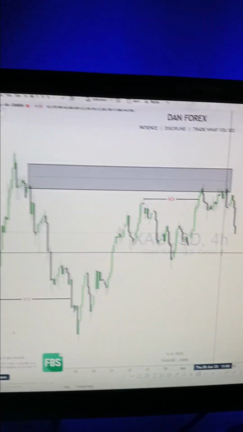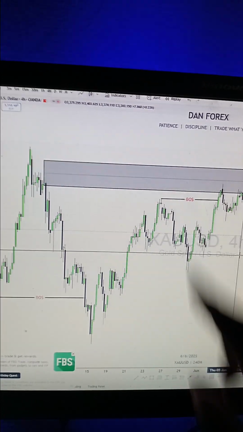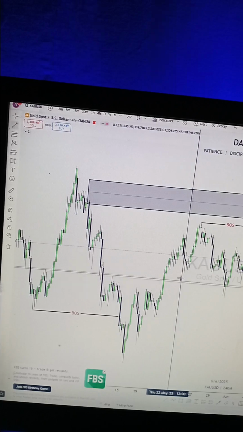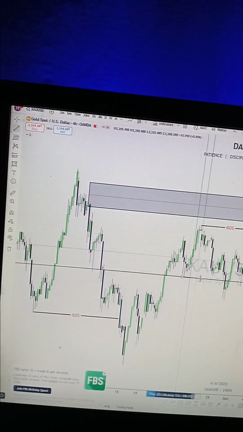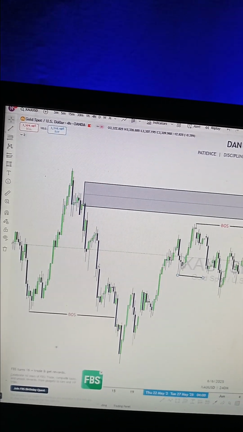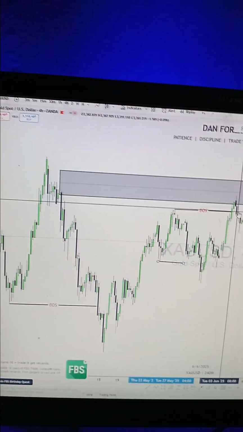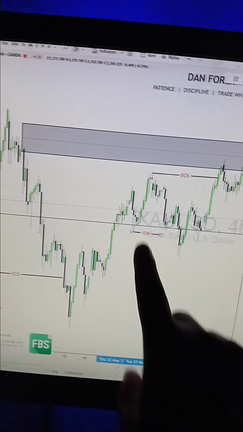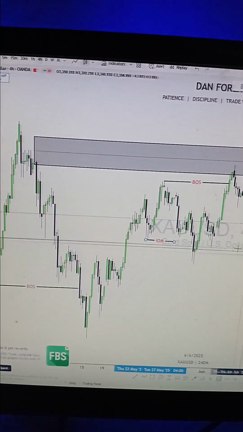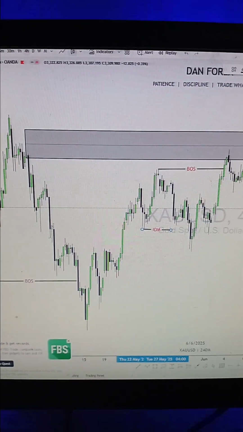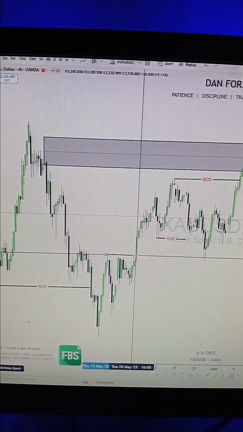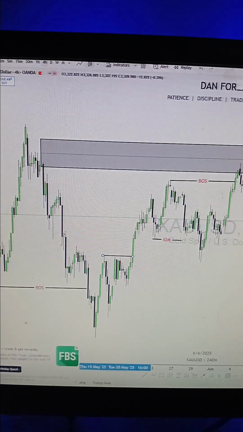Before the market gave us a break of structure, you can see it clearly took out this inducement level. So this inducement level was taken out because the market gave us this break of structure down here.